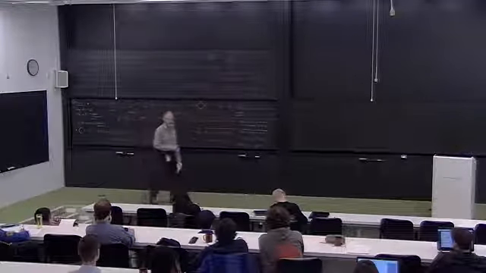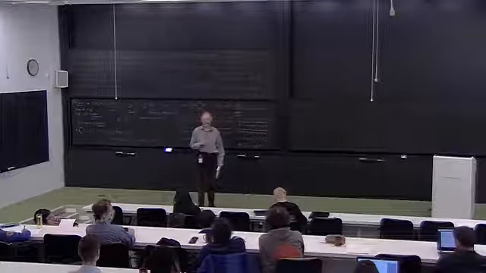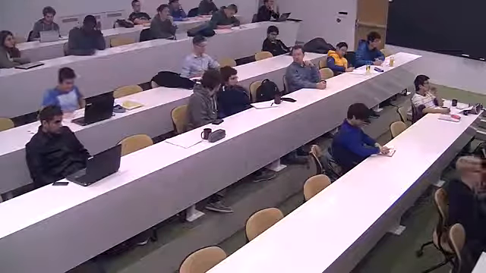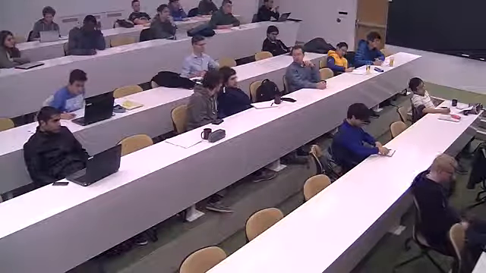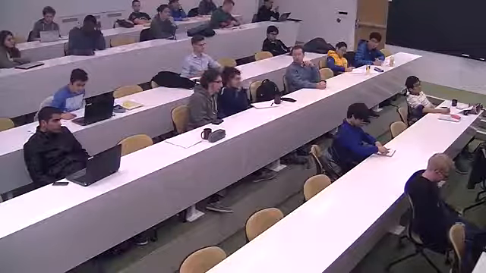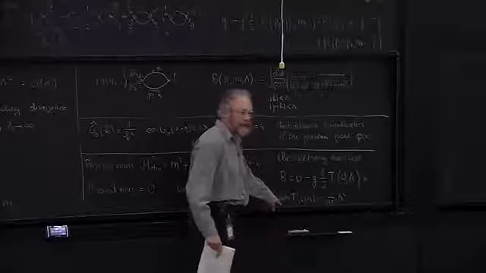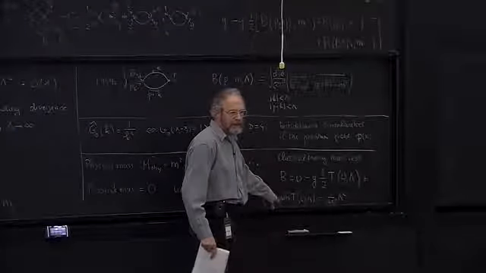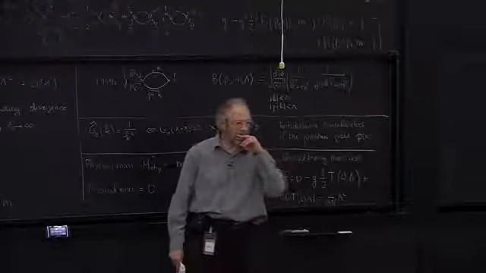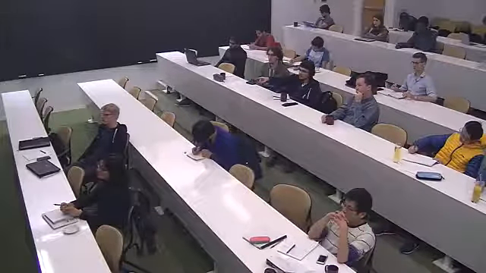Yes? In the last class we derived this expression for the physical mass, m squared plus the correction with g over 2 T. Why are we putting a 0 now and not a b inside the T?